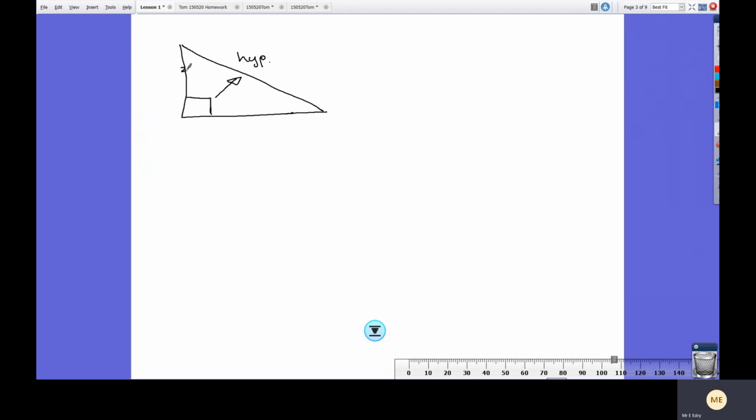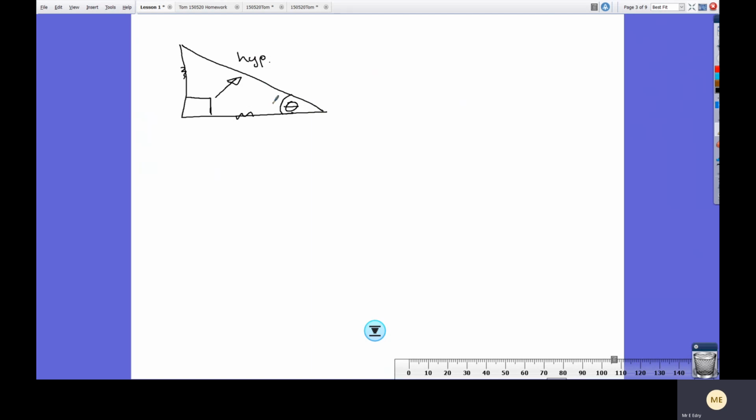Then we also have these other two sides, the two smaller sides. Now, in a trigonometry problem, generally you will be given an angle. Well, you won't always be given it, you may have to calculate it, but to start with, we're going to be given an angle inside the triangle. So if I look at this angle here, I label it, say, theta. Theta is just a letter, a Greek letter that we use to represent angles.